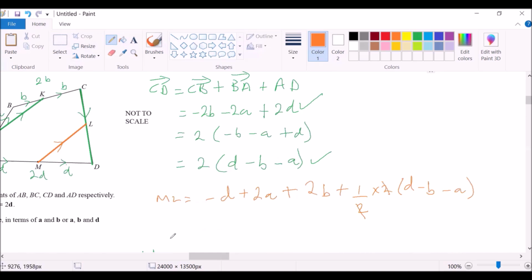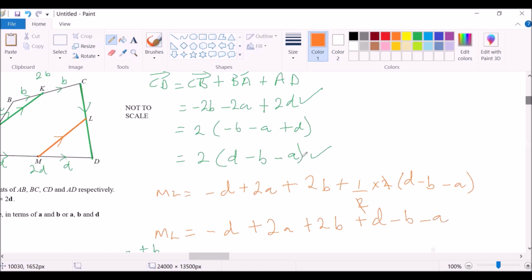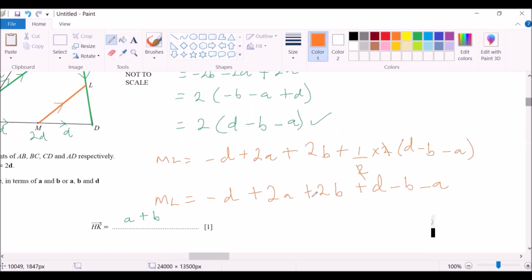The 2 cancels here. We now have ML being equal to minus d plus 2a plus 2b plus, we remove the brackets, d minus b minus a. Then we collect like terms.